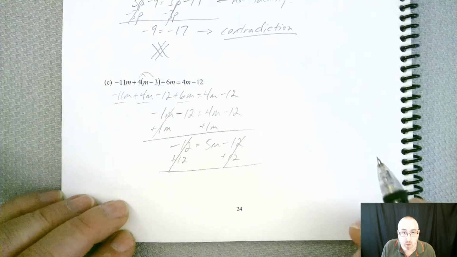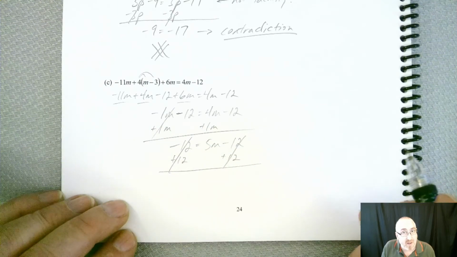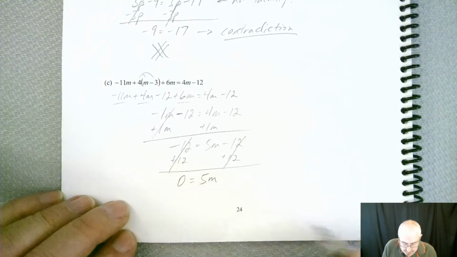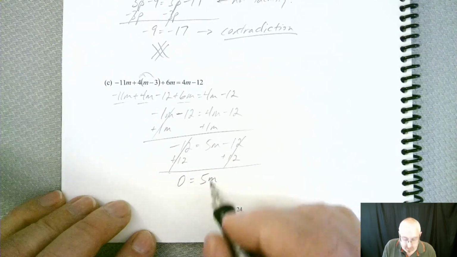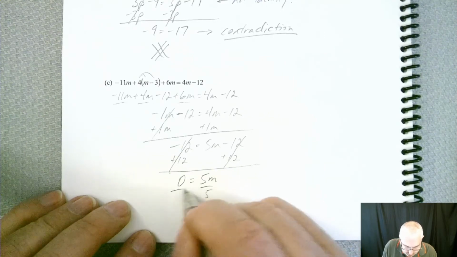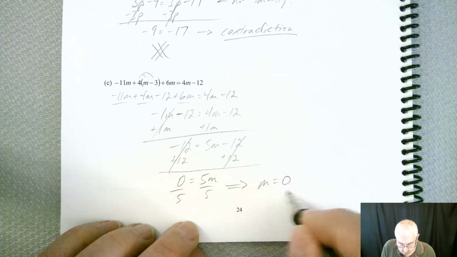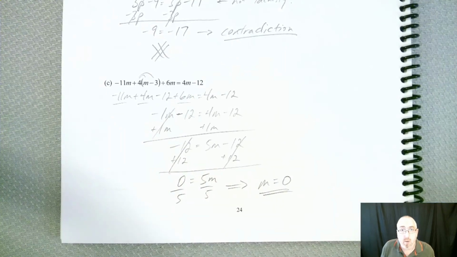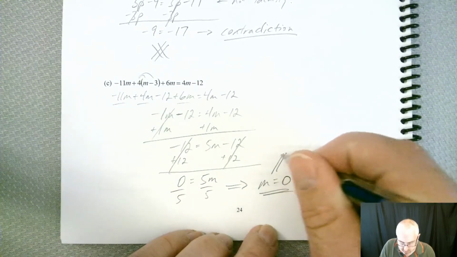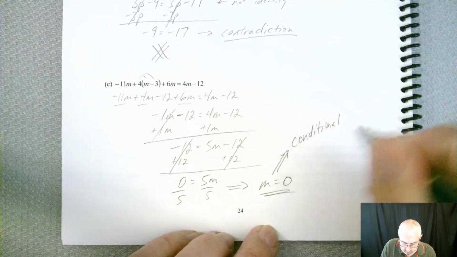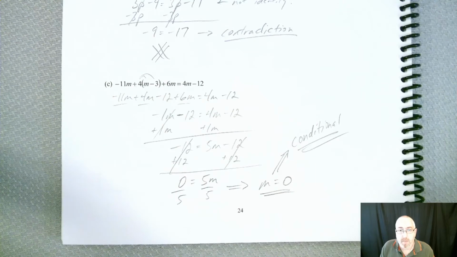They cancel there too, but if there's nothing left, what did we say? You got to leave something behind. So in this case, we'll leave the 0. And now let's get rid of the 5 by dividing it. So m is going to be equal to 0. So which one of the 3 is that? You got it. Remember, when there's just one solution, it's conditional. So there's your 3 types.